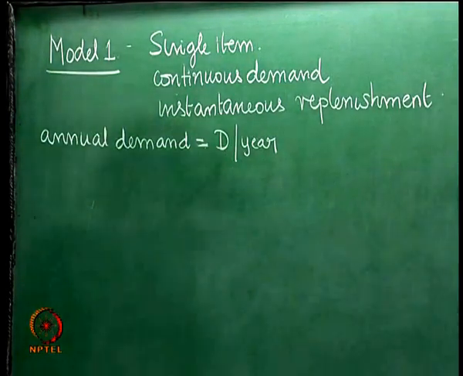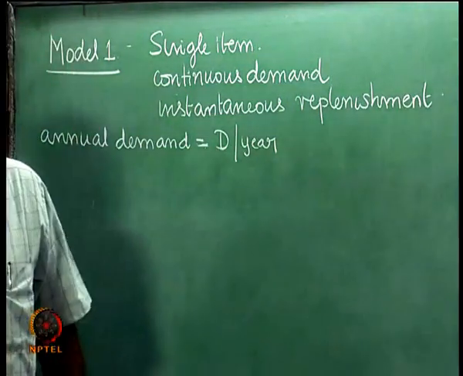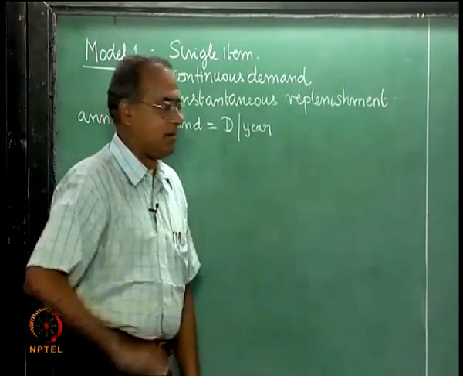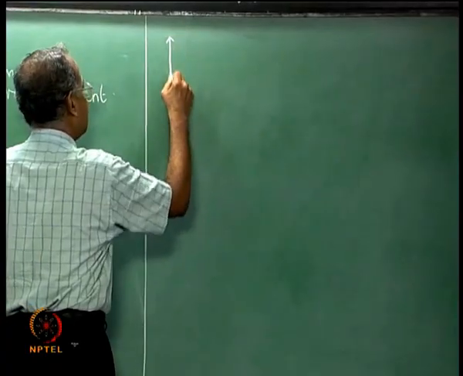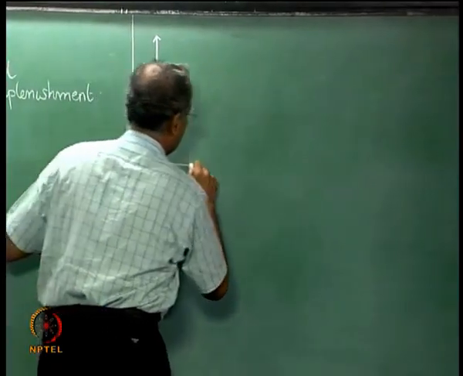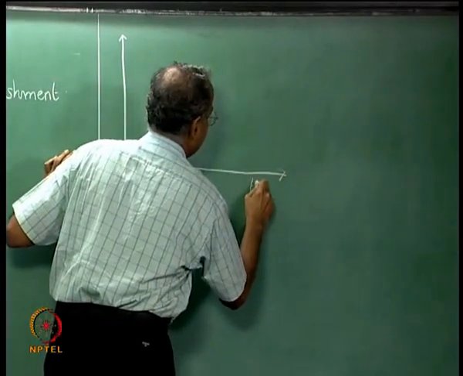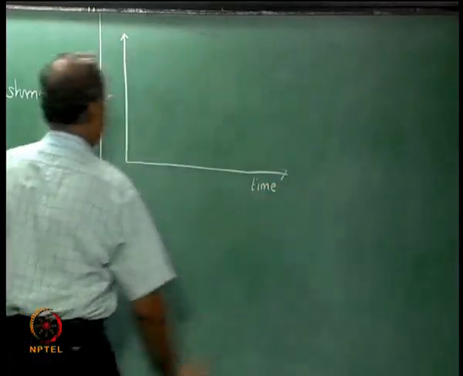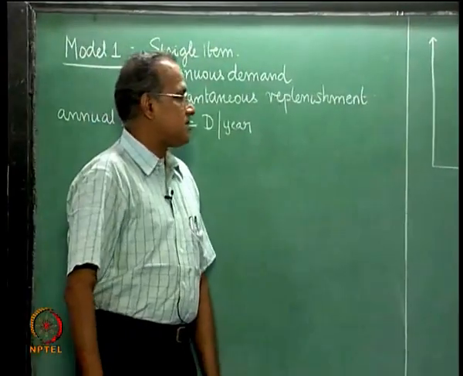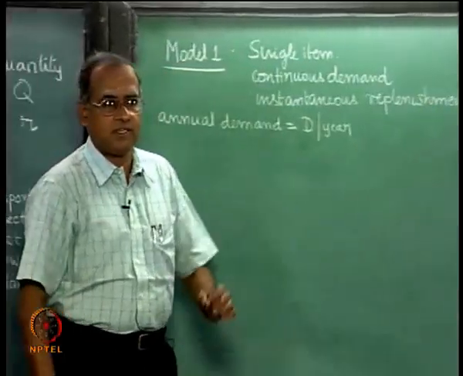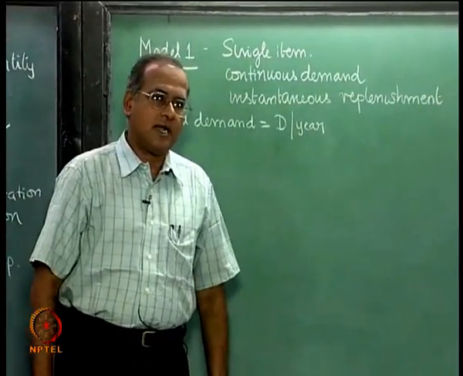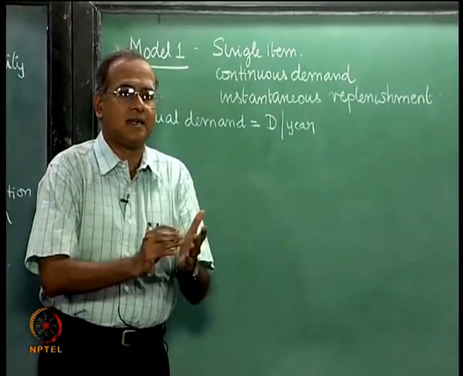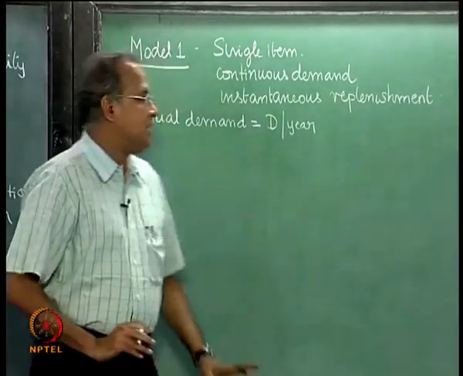So let us look at how the inventory for this item behaves with respect to time. So let us draw a simple graph which is like this. This is time, and let us assume that we have just placed an order for Q and we have just instantly received it.